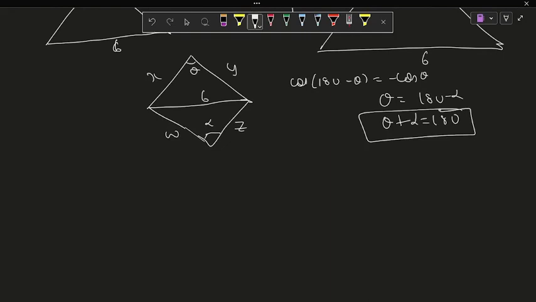And there is a condition which is quite standard, that if the opposite angles are supplementary, then the quadrilateral can be inscribed in a circle. So this quadrilateral is a cyclic quadrilateral.